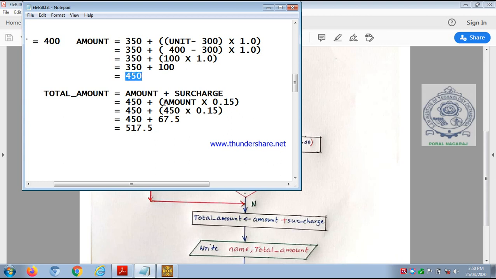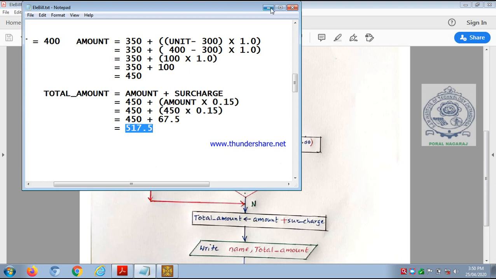Surcharge here is calculated as 450 into 0.5, so that is 67.5. So total amount is 450 plus 67.5, and the answer is 517.5. Then you have to write name comma total amount.